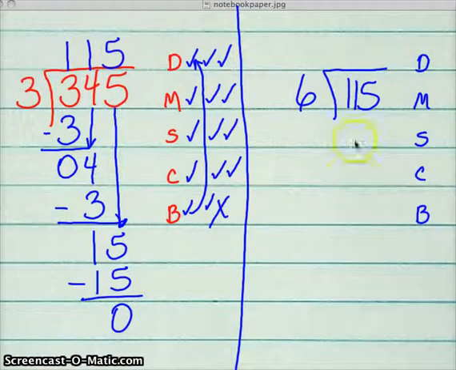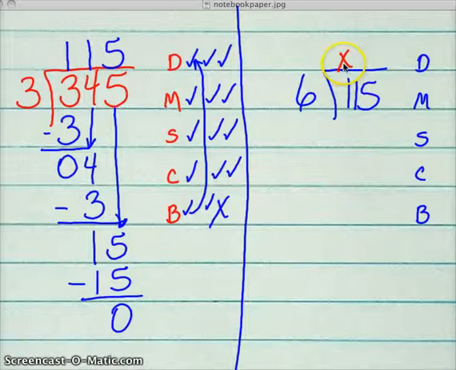And we're going to start out by asking, will that 6 divide into that 1? In other words, can you take this 1 and divide it into 6 pieces? And no, you cannot. So we're going to put a little X above that 1 in the hundreds column to help us remember that we've already looked to see if we can divide 6 into 1 and we couldn't.